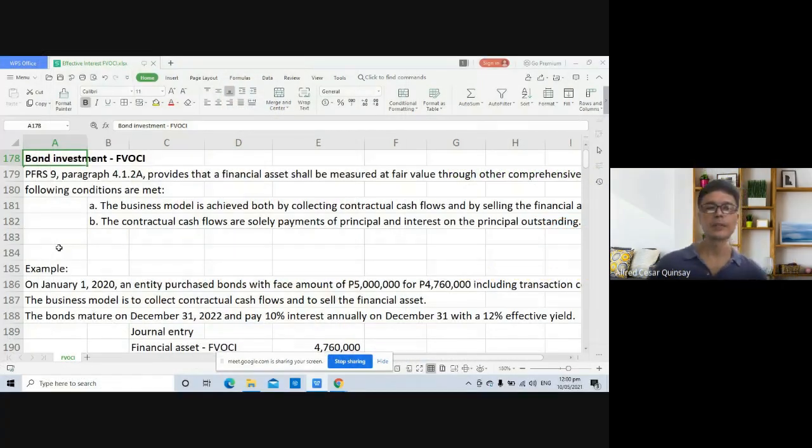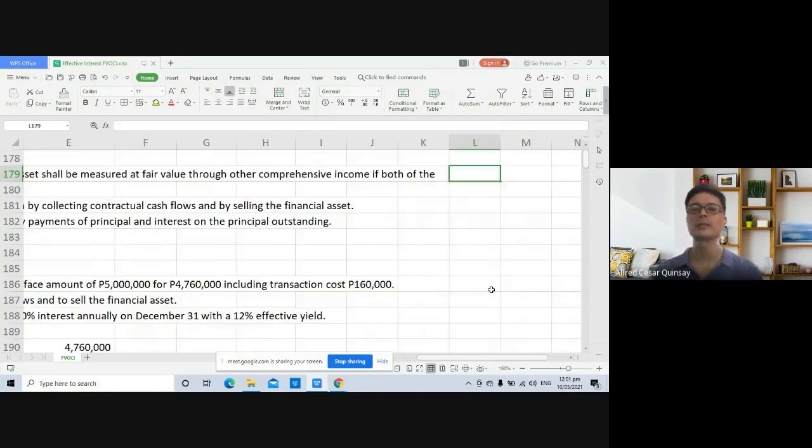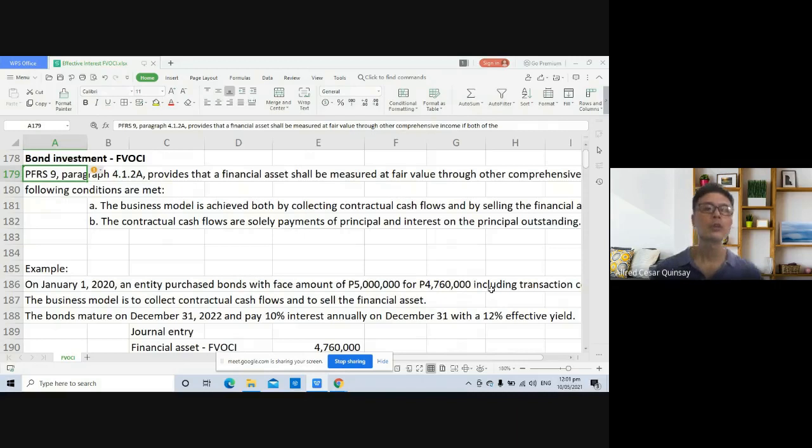This is the bond investment, FVOCI, or fair value through other comprehensive income. This happens under PFRS 9 paragraph 4.1.2a, which provides that the financial asset shall be measured at fair value through other comprehensive income if these two conditions are met.